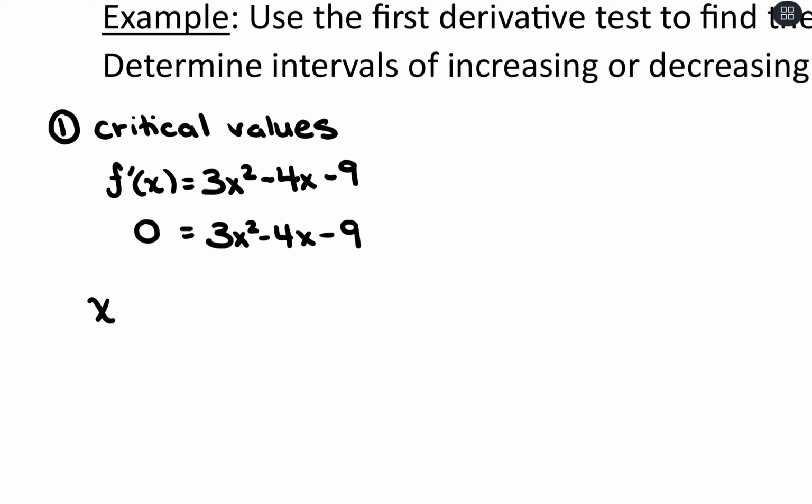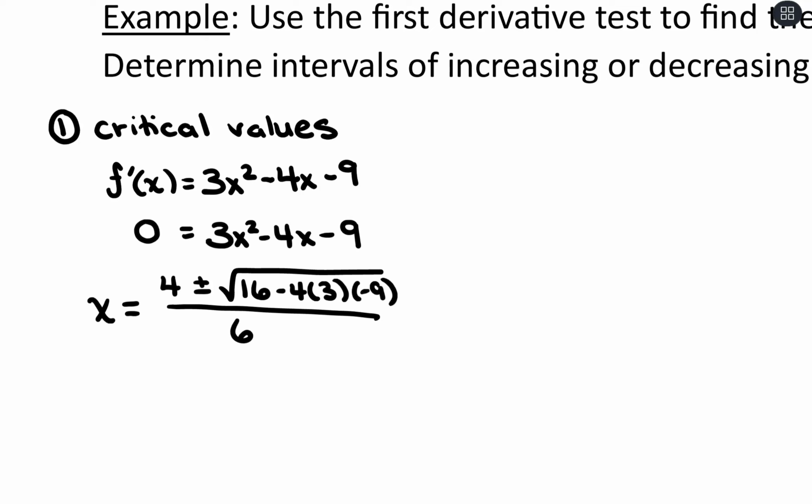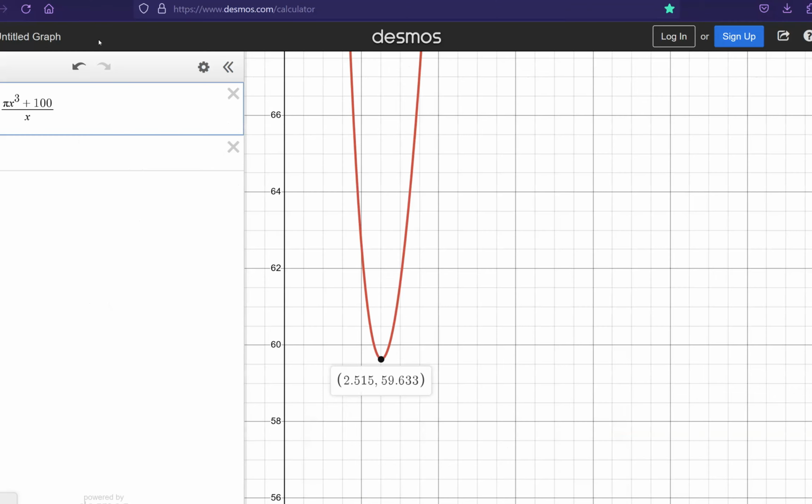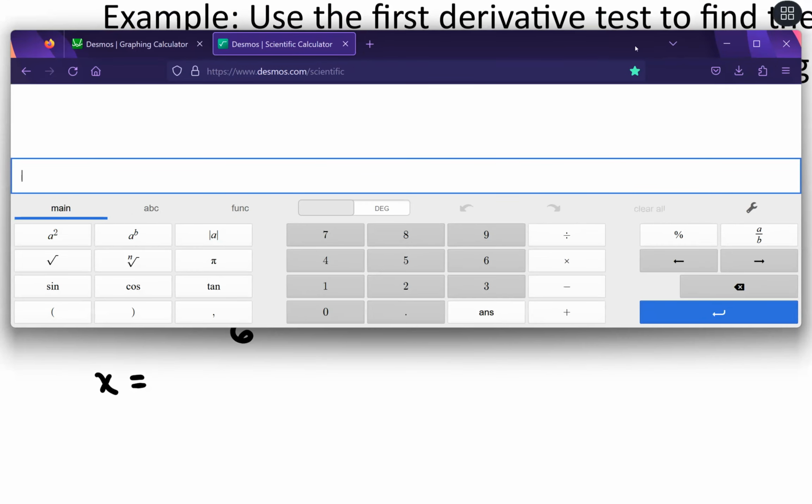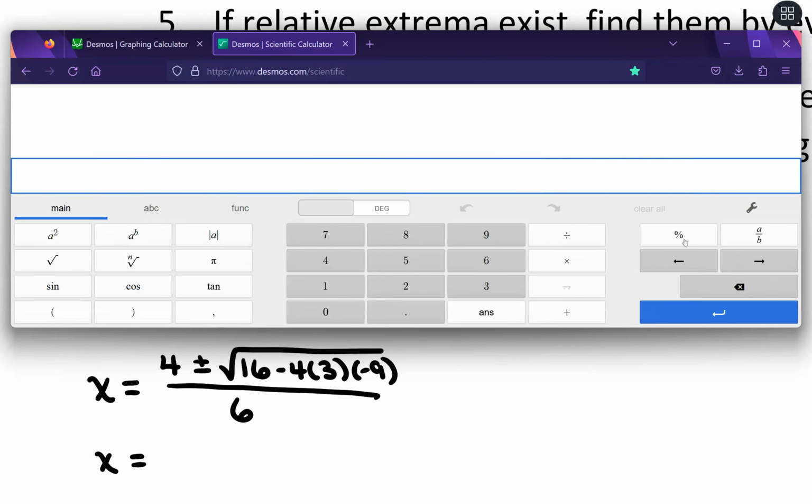I would try to factor this, but I think that's going to be unfactorable. So let's go quadratic equation. x equals negative b plus or minus the square root of b squared minus 4ac, all over 2a. Okay, so that's going to be 4 plus or minus. And you know what, let's go ahead for decimals. Let's just do that, using the Desmos scientific calculator for these, which makes it faster to edit, in my opinion.